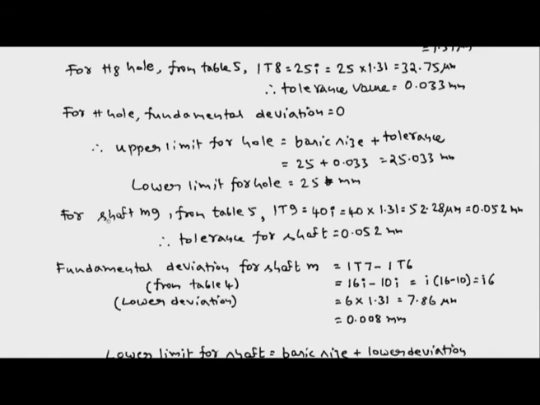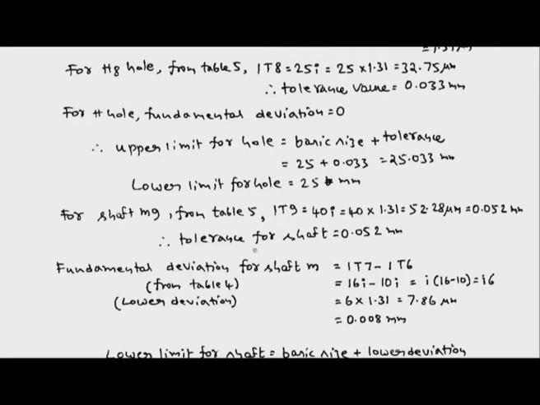And coming to the shaft M9 from table number 5, for IT grade number 9 the tolerance value is 40I, this is equal to 52.28 micrometer, which is equal to 0.052 millimeter.